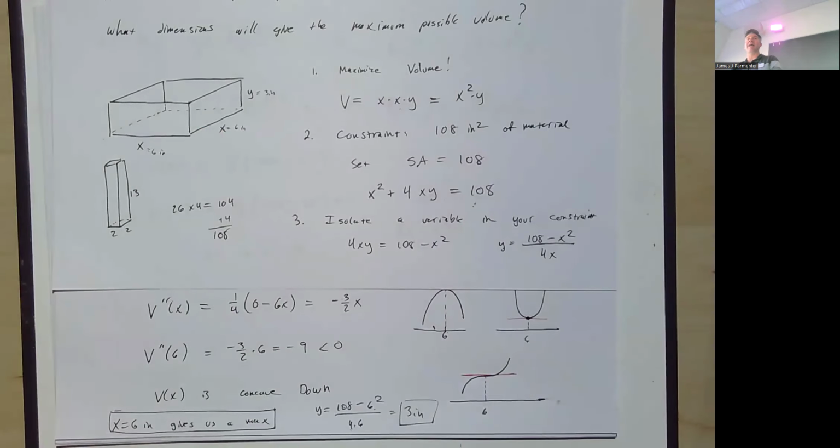And although they didn't ask us for it, we could actually find the volume. Oh, no, I don't want to say that actually. So I will say this, even though I don't want to say it. Coincidentally, and it is very much a coincidence here, the volume of this box happens to also be 108 cubic inches. Because 6 times 6 times 3 is equal to 108.